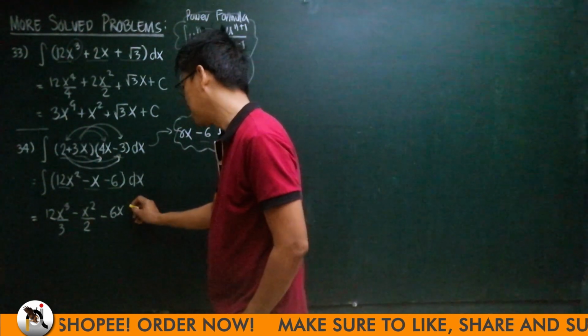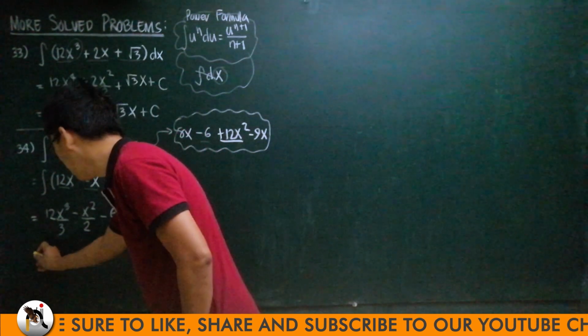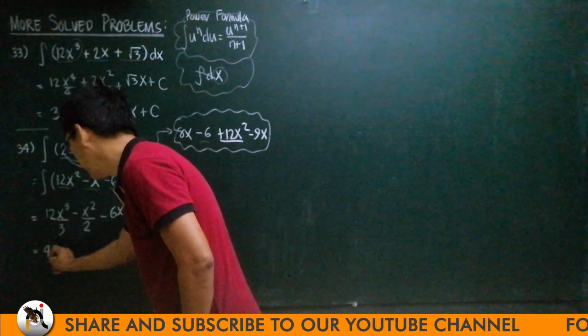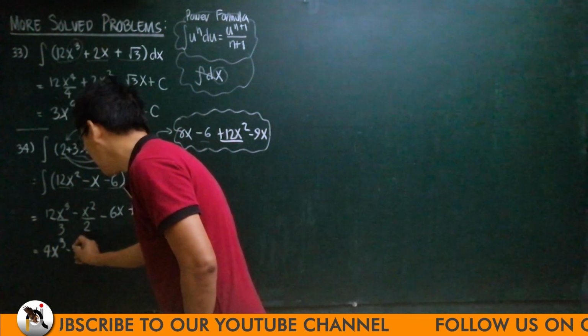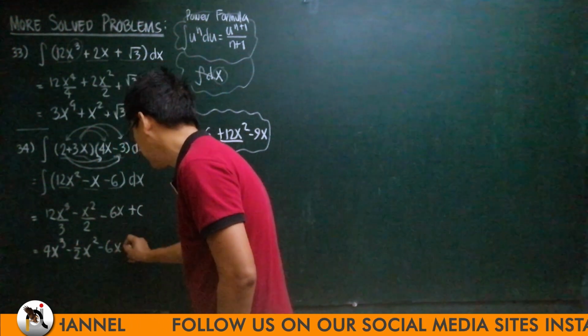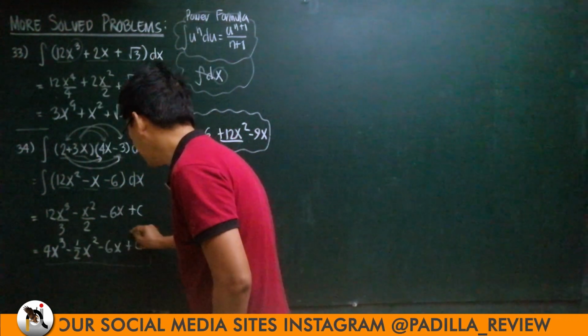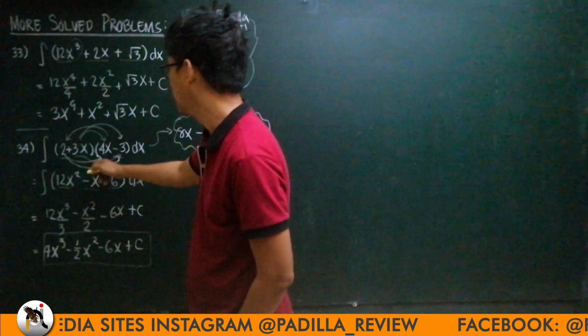So this is plus c. So you just simplify 12 over 3, this is 4, x cubed minus 1 half of x squared minus 6x plus c. So this is going to be the integral of this one.